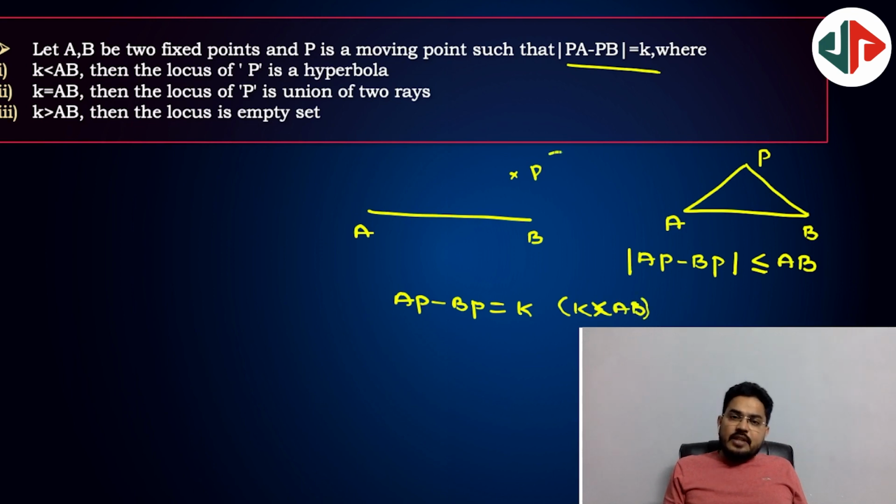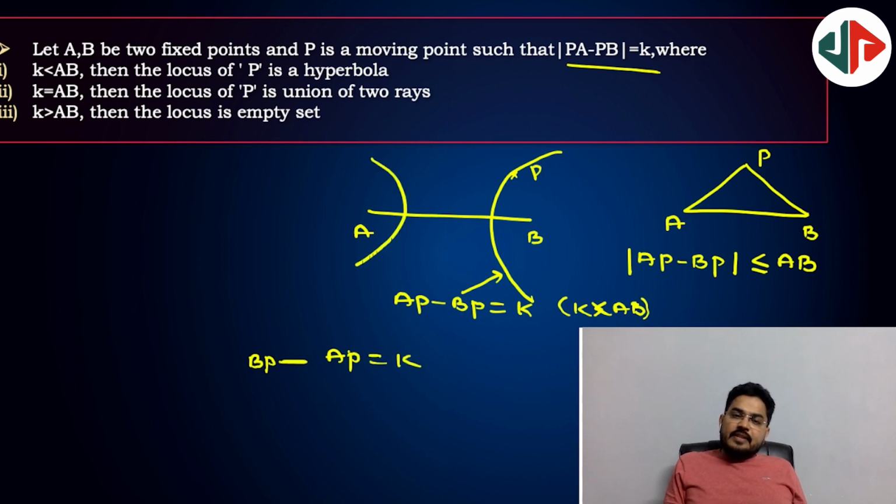The locus will be like this for this. And BP minus AP is equal to K, the locus is going to be like this for this. So it is the combination of these.